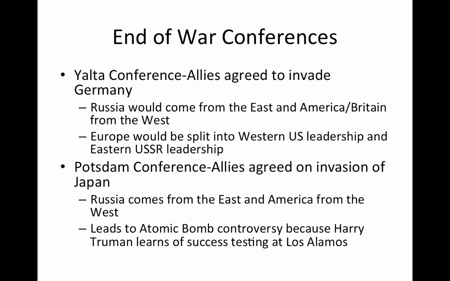And so because of that, the new president who had come into power when Franklin Roosevelt died, Harry Truman, learned of that success at Los Alamos and came back to the table realizing that Russia was going to enter into the East, and he knew that he could use the atomic bomb as a way to keep them out. This brings up the controversy of why we really dropped the atomic bomb. Was it to end World War II, or was it to intimidate the Russians?